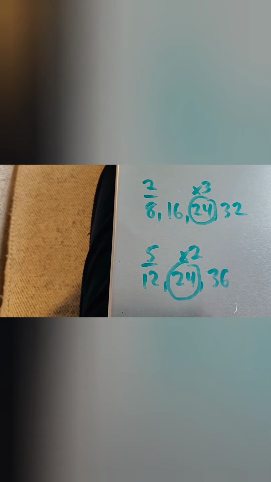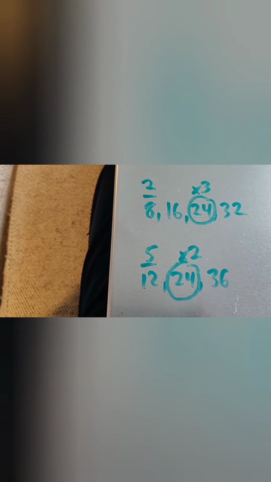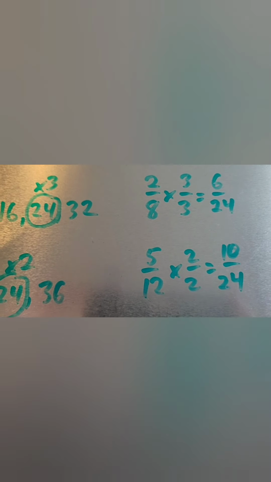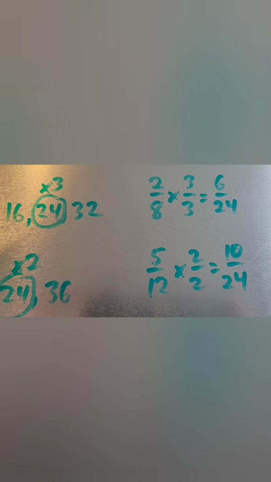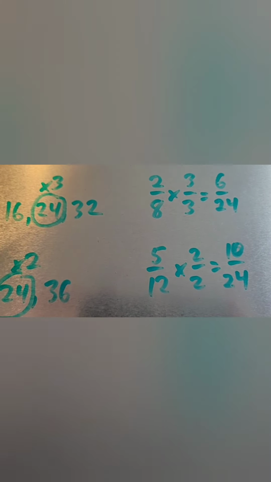Once both fractions are expressed as equivalent fractions with denominators of 24, we can easily compare them using the second rule that we learned. So when we do that, 2/8 times 3/3 is equivalent to 6/24, and 5/12 times 2 halves is equivalent to 10/24.